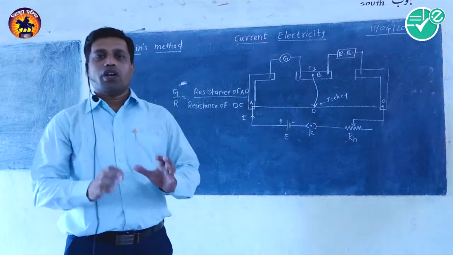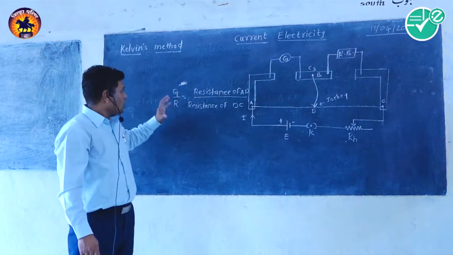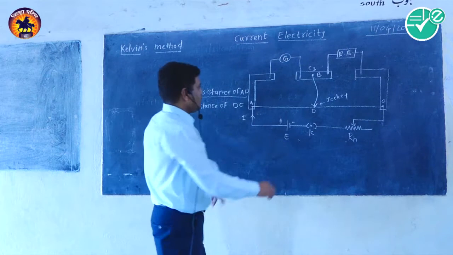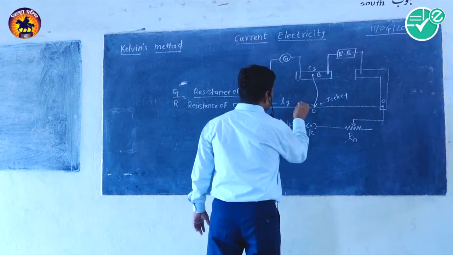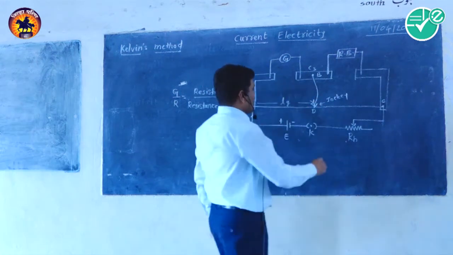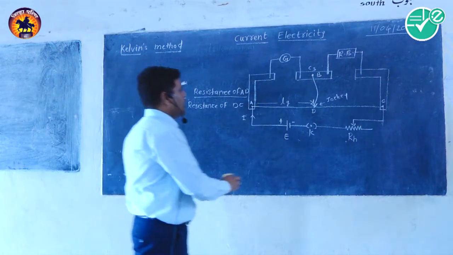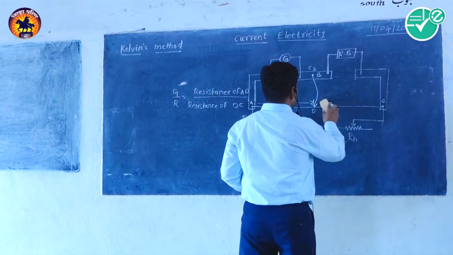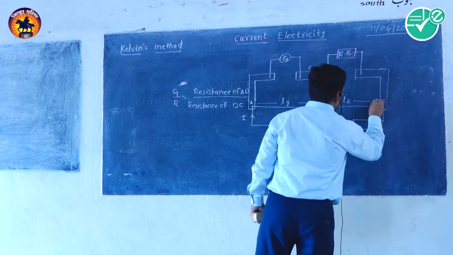So now the main thing here is that the length AD we will take as LG. Why LG? Because this is the balancing length across the galvanometer, and the length across the resistance box will be taken as LR.